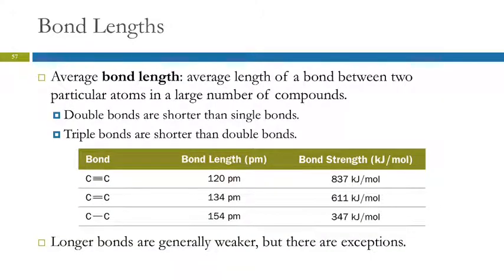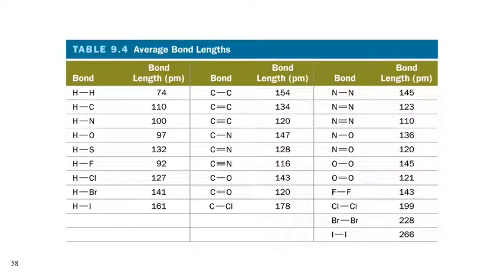When these two things are closer together, it's going to be harder to break them apart than when they're further apart. So we see this trend: the bond length increases, the bond strength decreases. This is a general trend, but there are, of course, exceptions. Bond lengths can be looked up in a table. You don't memorize those either.